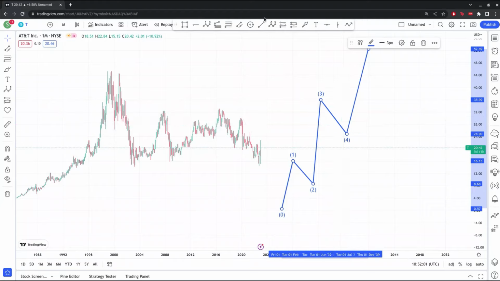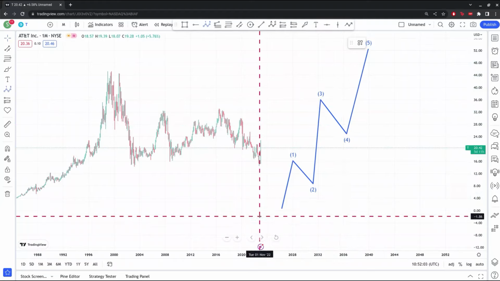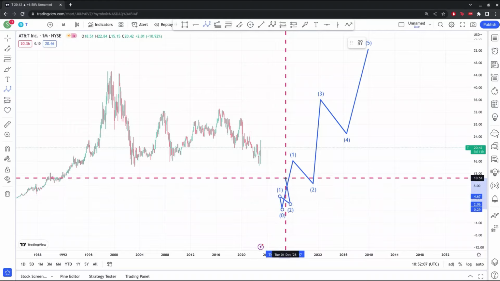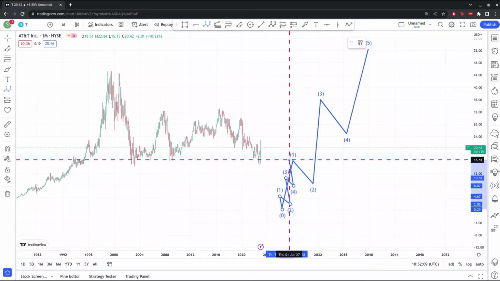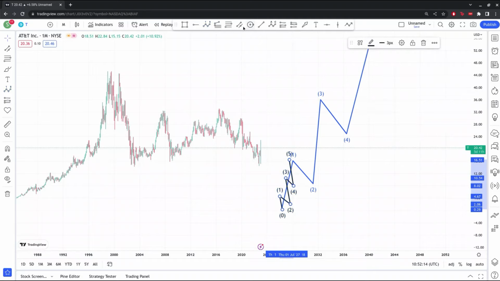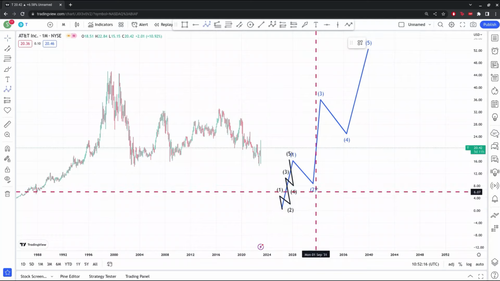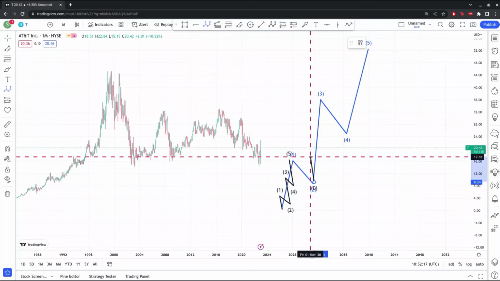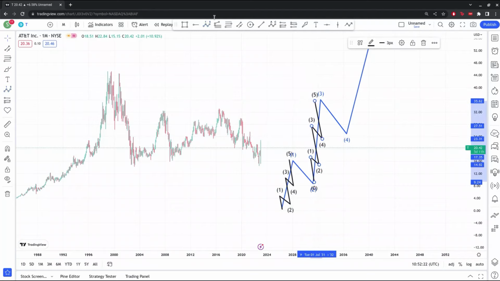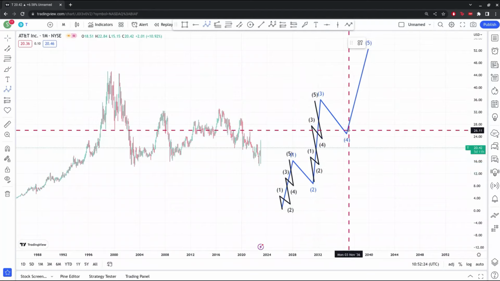Whenever you have an uptrend, you also have what are called fractals. Within the impulsive wave, you have a 5-wave pattern also. For the third wave, you also have a 5-wave pattern because it's an impulsive wave that moves in the direction of the trend. The last impulsive wave is the 5th wave, which is a 5-wave pattern.